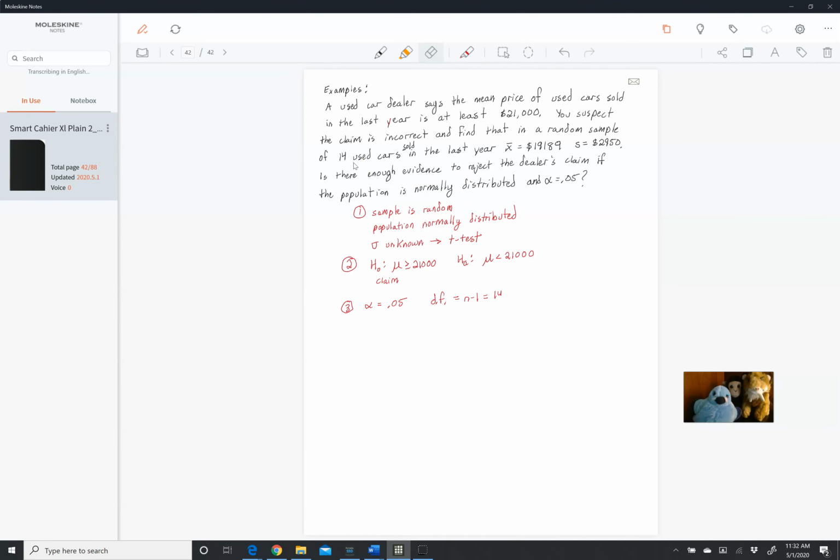So 14 minus 1 is 13. So now we go and we do our critical value. Okay, so in order to find the critical value, we have to know what kind of test. So we go to H sub A, and this is a less than sign. So the less than sign tells us this is a left tail test.